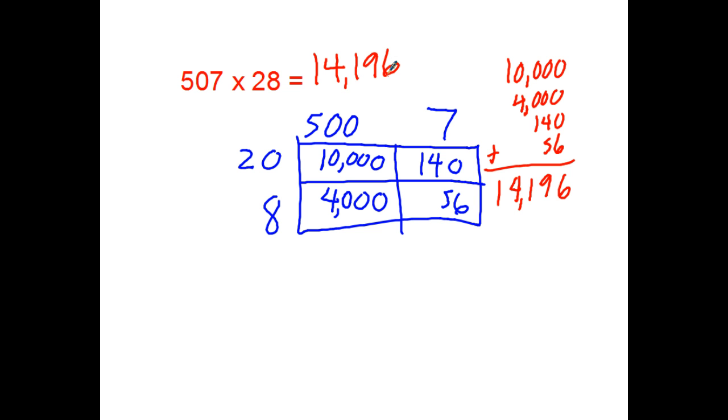Alright, let's take it to the step up for 5th grade, because we do 4-digit times 2-digit. So 2,387 is really 2,000 plus 300 plus 80 plus 7. And this side would be 50 plus 6.